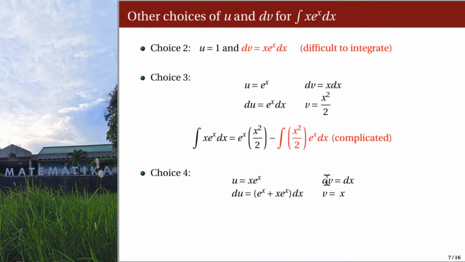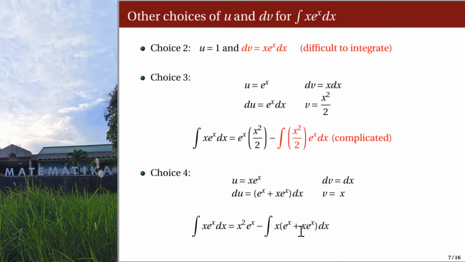How about dv? Equals dx. Pag nag-integrate tayo dito, then ang integral ng dv ay v, integral ng dx ay x. Okay? So, by IBP formula, we will have uv, so multiply that, and then minus integral of v du. So, you have this. Okay?